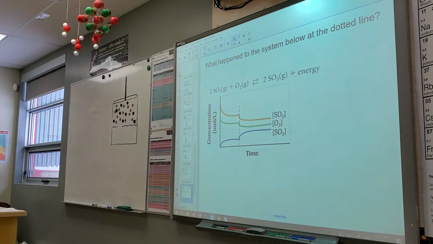So I'm going to hand out this lab, and it looks beefy, it looks big, but that's only because I'm giving you lots of space to write. You don't need lots of space to write, but I'm giving you lots of space to write.